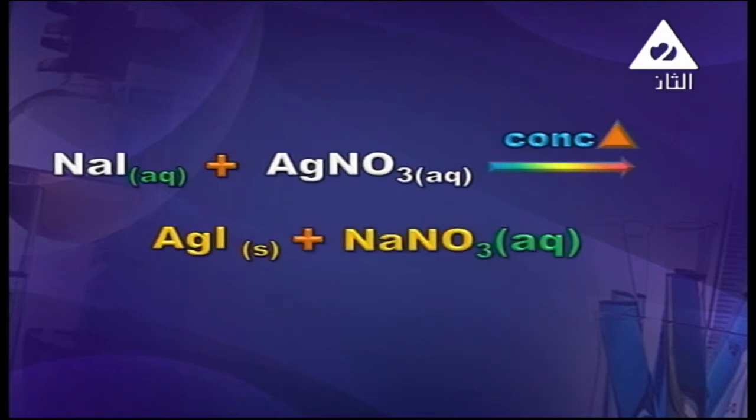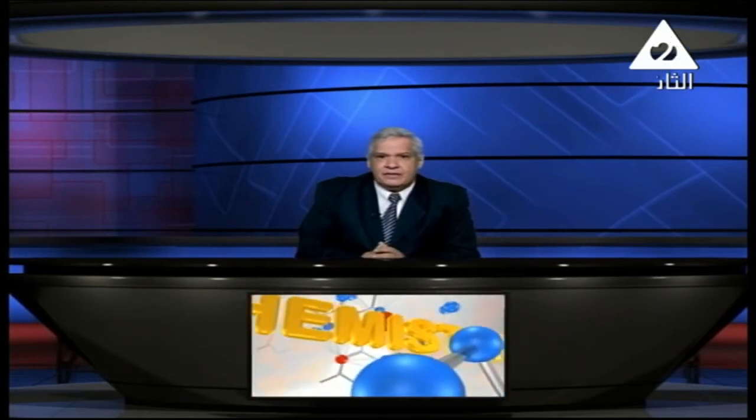NaNO3 is very important. My dear students, from all of these reactions, chlorine, bromine, iodine, this group, back to halogens, group 7A, you must know an important thing. All of them give a colorless gas with acidic effect.